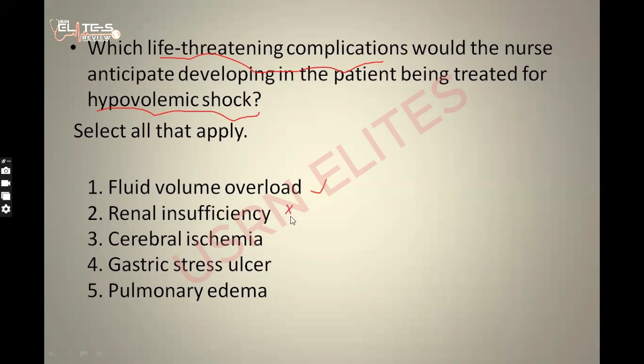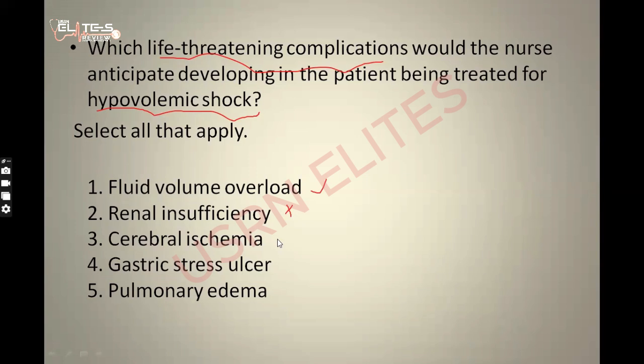Can it be? Yes. Very confusing. Should we choose it? For NGN, we have our way out. You will leave some out, and you choose those that you are sure.